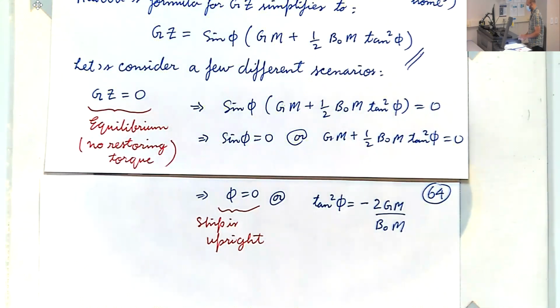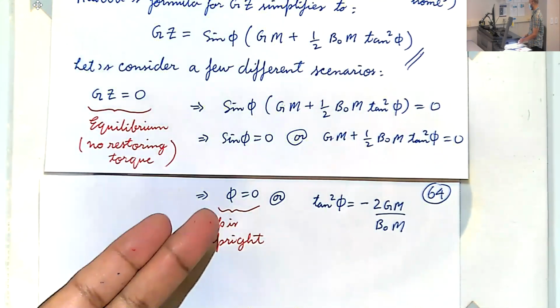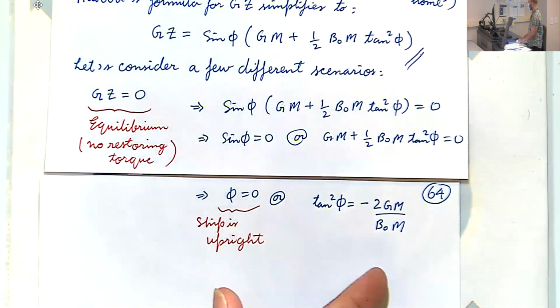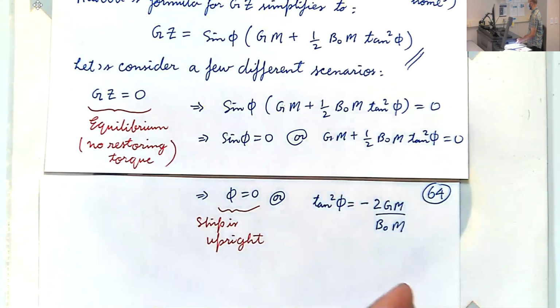So there's no restoring torque if the ship is upright, or if this other situation ever arises when tan squared phi is equal to that.